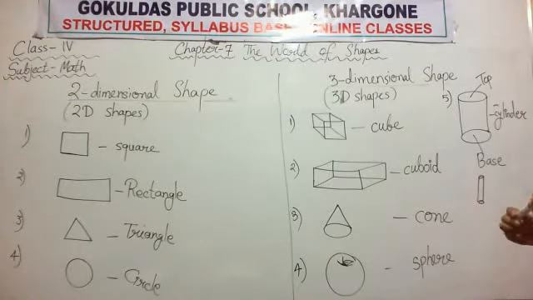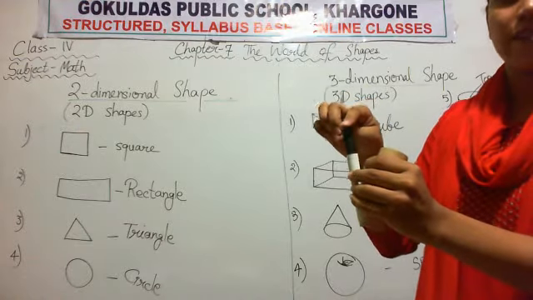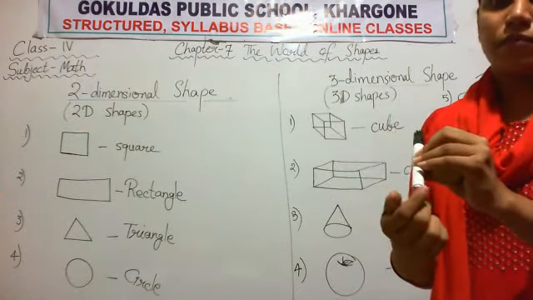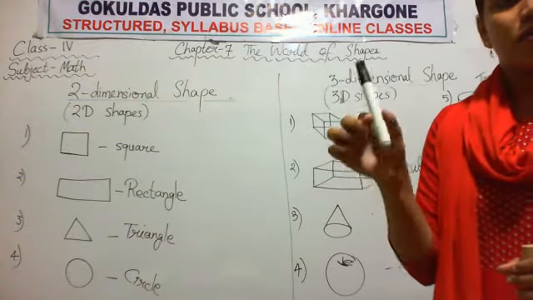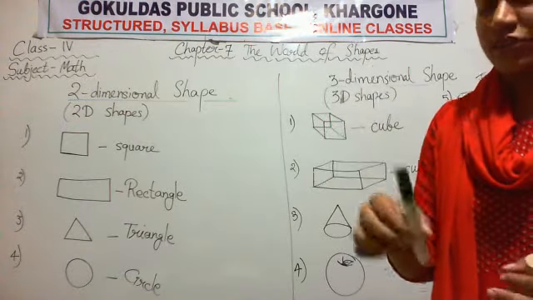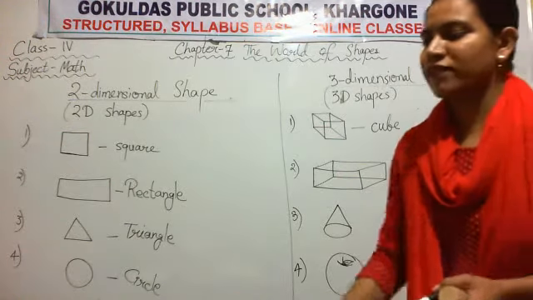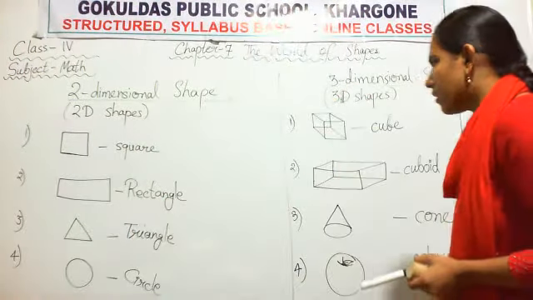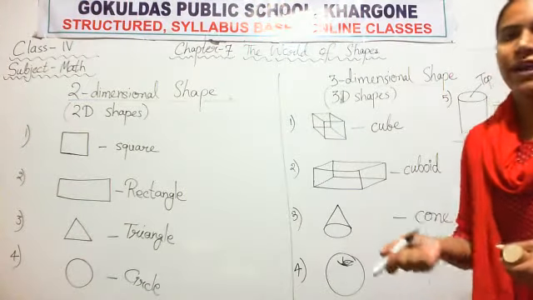If you see the marker, it has a flat circular top, bottom is circular. The marker is of cylindrical shape. You have seen rolling pin, or if I talk in Hindi, belan.